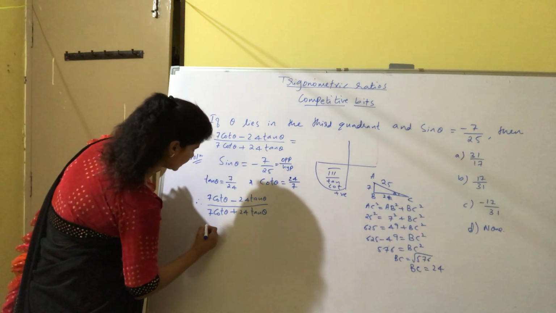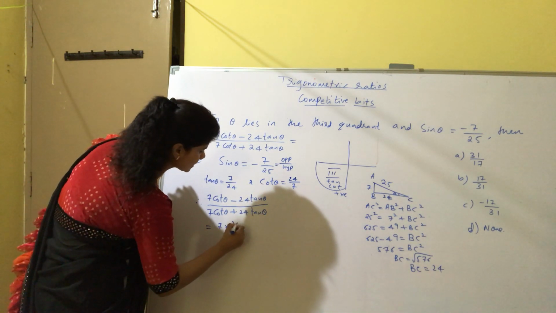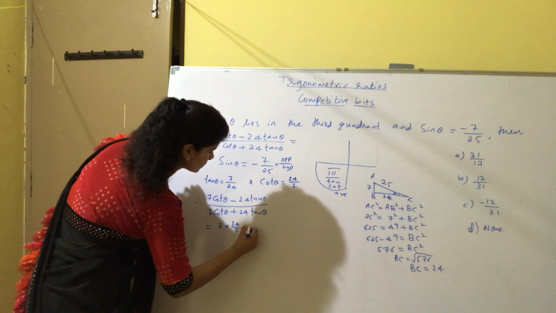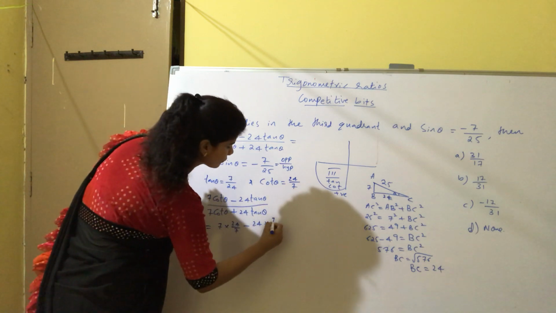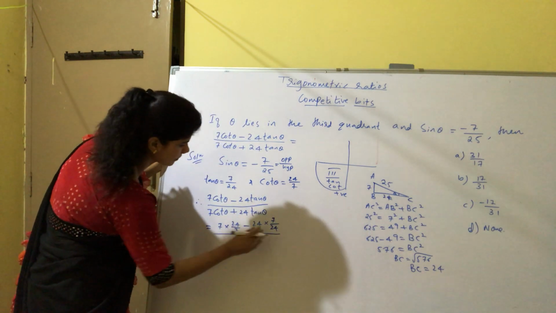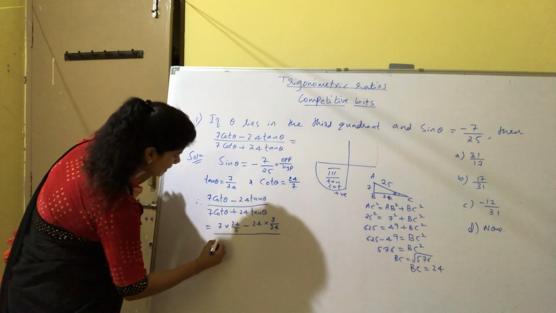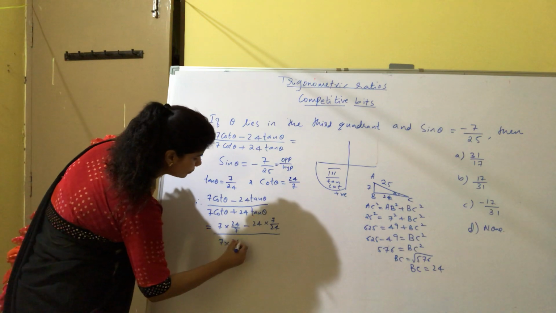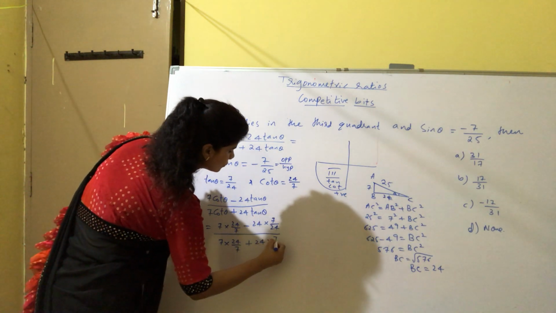So we get 7 into cot, cot is 24/7, minus 24 into tan, tan is 7/24, divided by 7 into cot value, 24 by 7, plus 24 into tan value, 7 by 24.